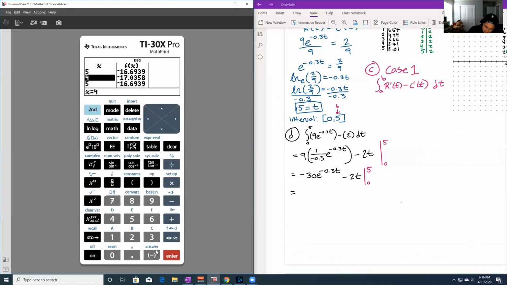I get negative 16.69 minus, I type in 0, I get negative 30. Okay, right there, negative 16.69 minus negative 30 gives me a positive 13.31.